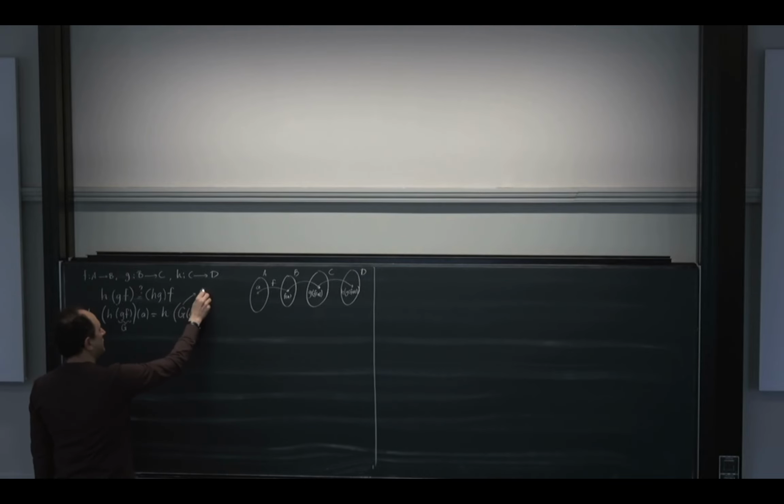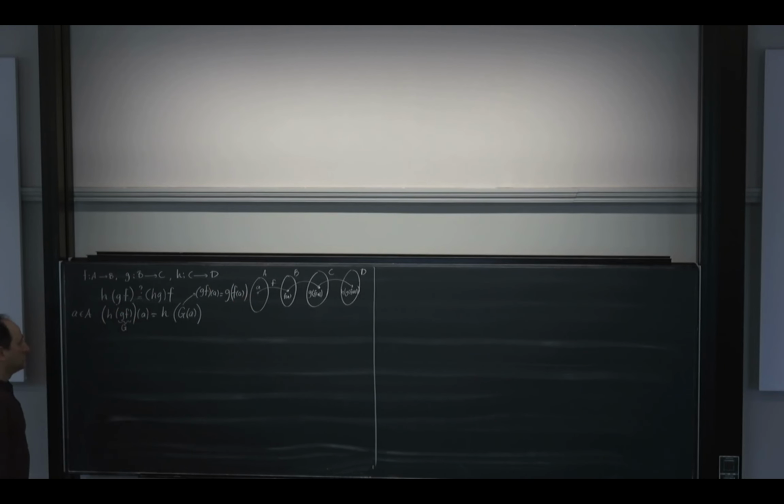G is g∘f, and I want to apply it on a. According to the definition, f acts on a first. Whatever it is, g acts on that one. So this means that this becomes h of g of f of a. Yes? Exactly similarly, you can find the answer to the right-hand side acting on a is the same thing.